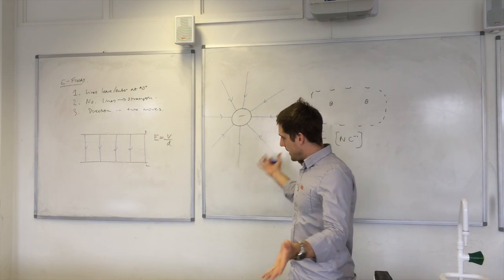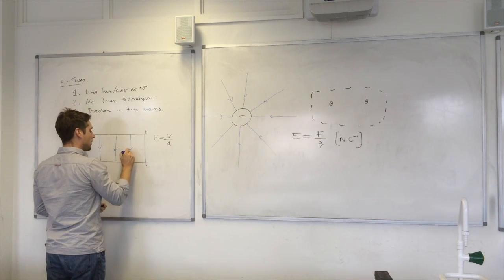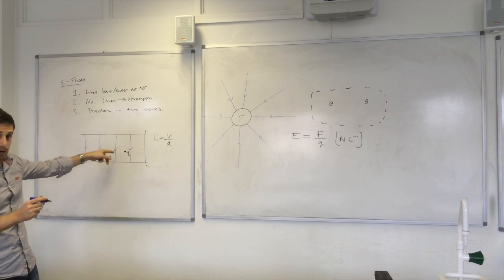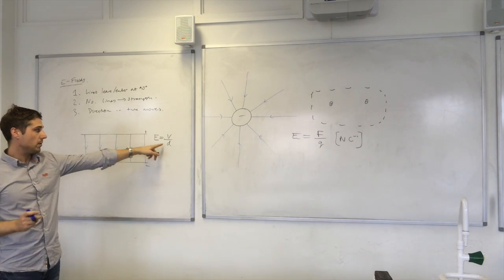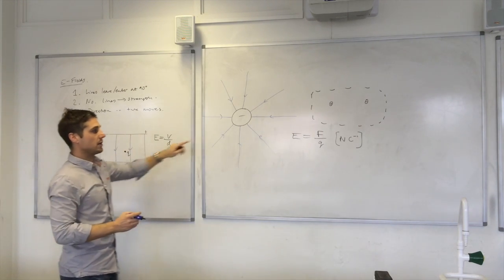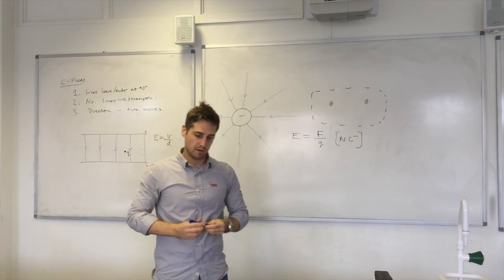So if you had a charged particle between your parallel plates, and you know the potential difference and the distance, you can work out the electric field strength, then you can work out the force that the charged particle would experience.